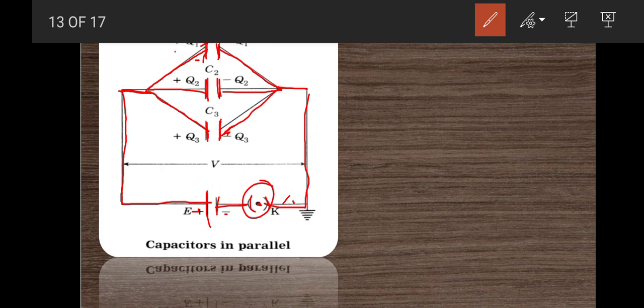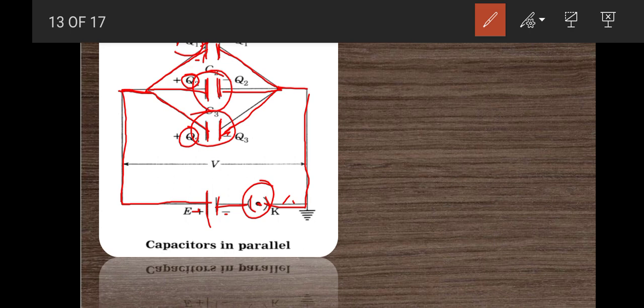That's why Q1, Q2 and Q3 are used. We are not using Q, Q and Q for the three capacitors because according to the capacity of each capacitor, it will store charge on it. If it has more capacity, it will store more charge. If it has less capacity, it will store less charge.